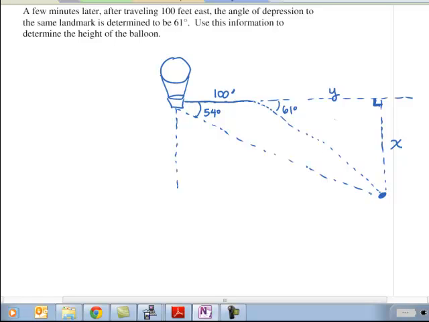For each of these angles, we have at least close to the tangent values. We've got almost the adjacent, and we want to know the opposite side. We don't really care about the hypotenuse in any of these. So with the way we've labeled things, we could say the tangent of 54 degrees would be x divided by 100 plus y.